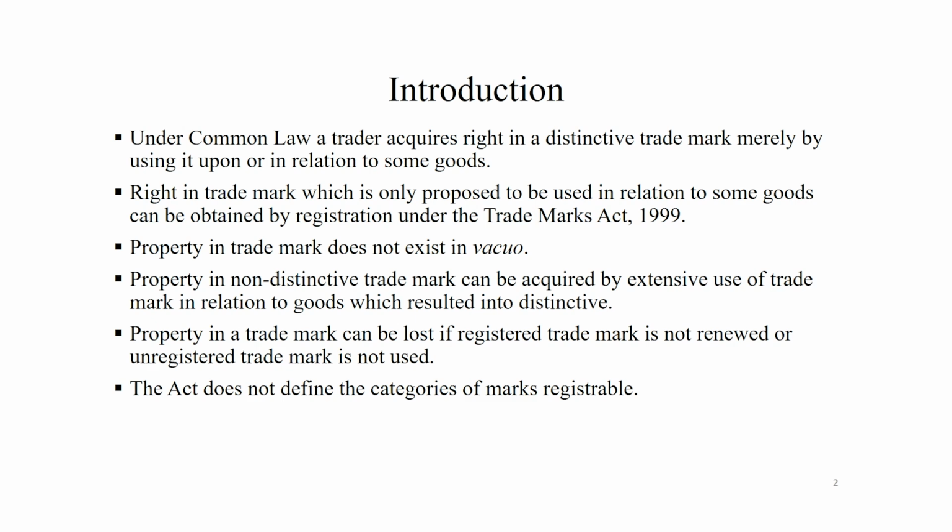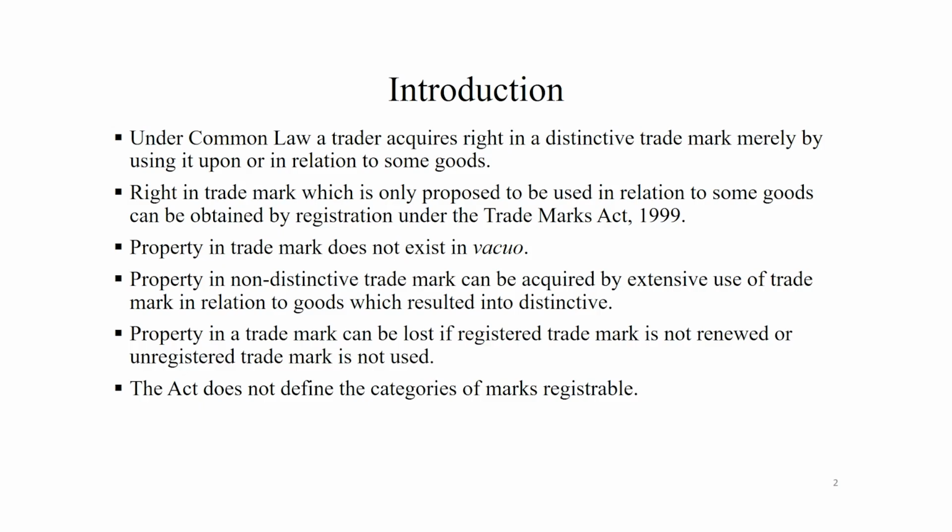This is a situation of acquired distinctiveness, if you recall. Similarly, there is another point which I would like to mention, that a trademark is registered for a limited period of time and it has to be renewed time and again. So, property in a trademark will be lost if a registered trademark is not renewed.